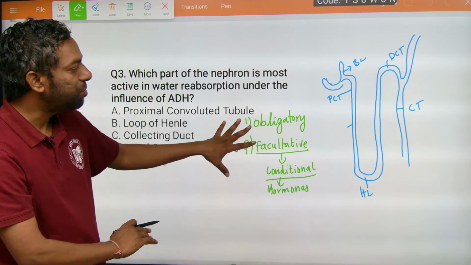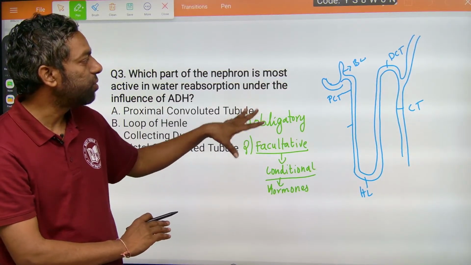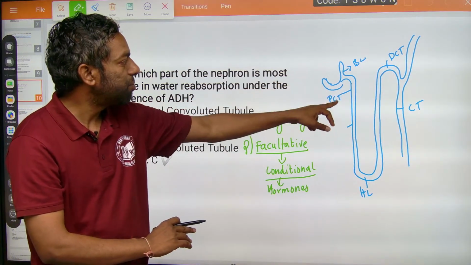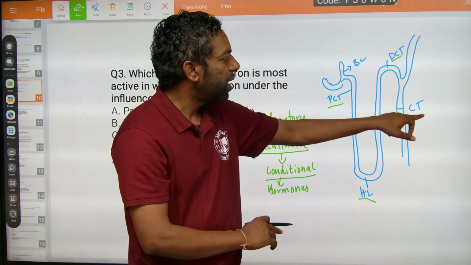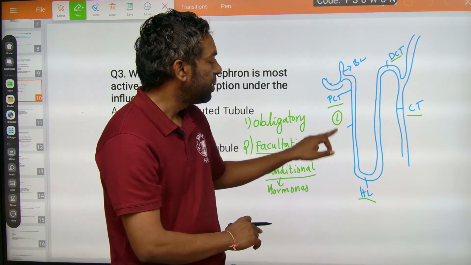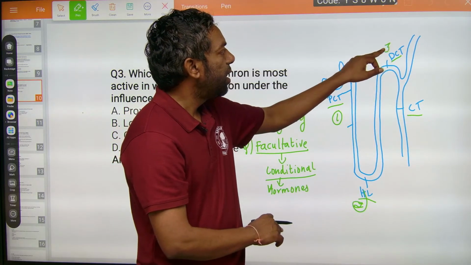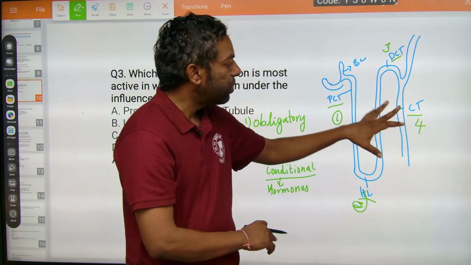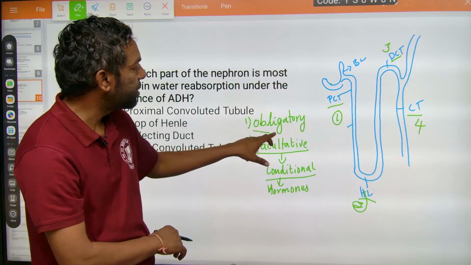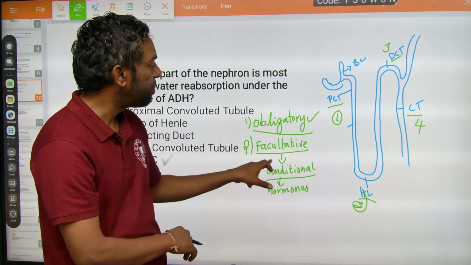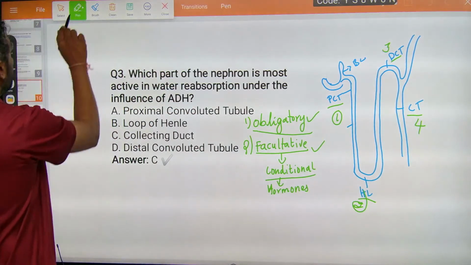Reabsorption or secretion, two functions take place in the Bowman's capsule, PCT, loop of Henle, DCT, and collecting duct. This is one part, two parts, third and fourth. In these four segments of the nephron, which part comes under obligatory and which under facultative reabsorption?